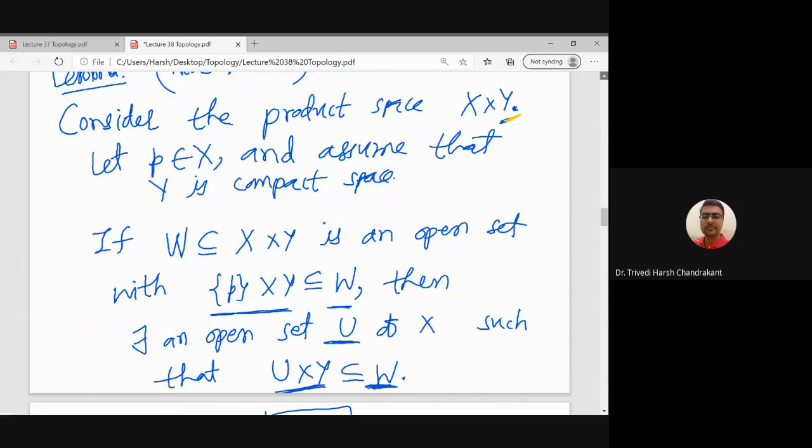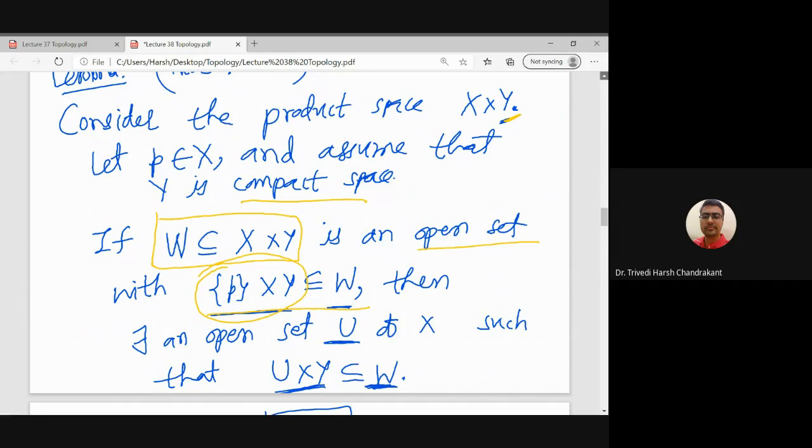Using this assumption, if we take any open subset W of X cross Y, which is open with respect to the product topology, and it satisfies the property that singleton P cross Y is a subset of W, then we can find an open set U of X such that U cross Y is a subset of W. So what is this set singleton P cross Y?